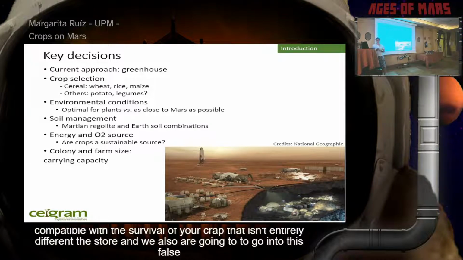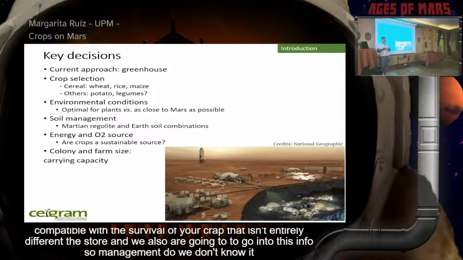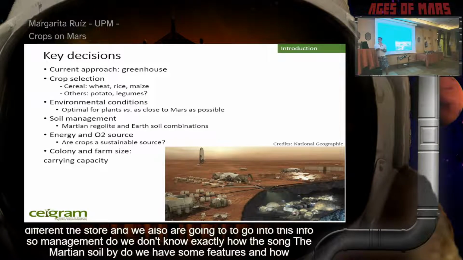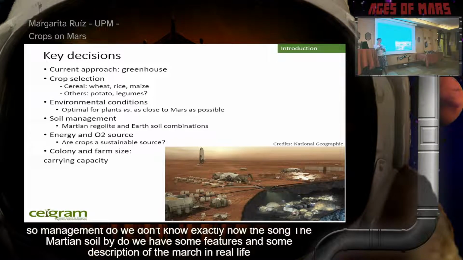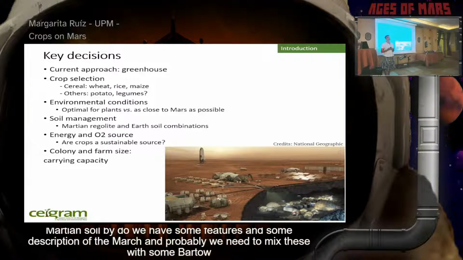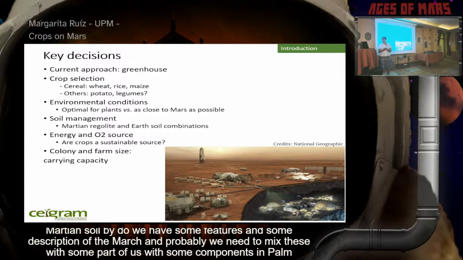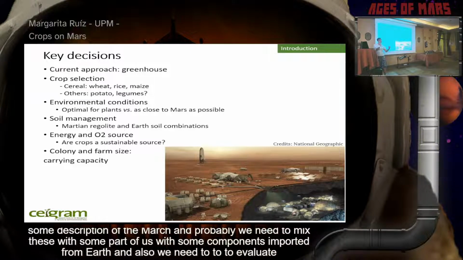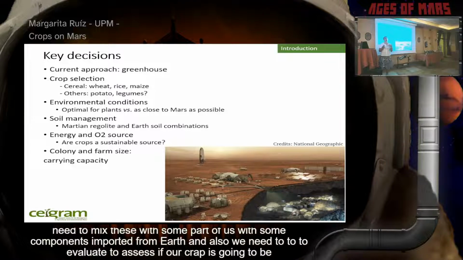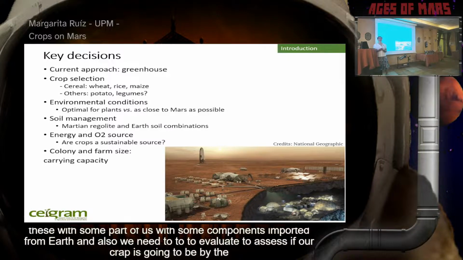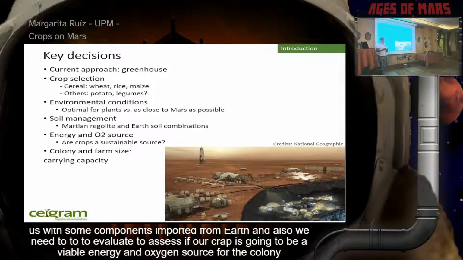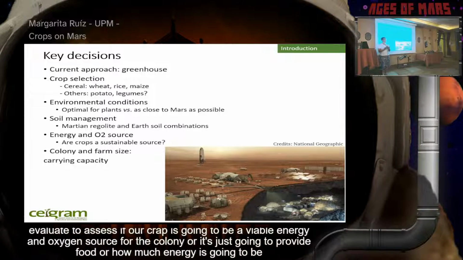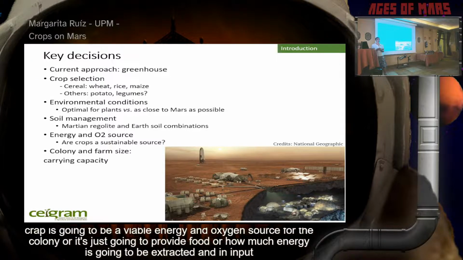For soil management, we don't know exactly how the Martian soil is, but we have some features and some description of the Martian regolith. But probably we need to mix this with some components imported from Earth, and also we need to assess if our crop is going to be a valuable energy and oxygen source for the colony, or is just going to provide food, or how much energy is going to be extracted and input in the system.